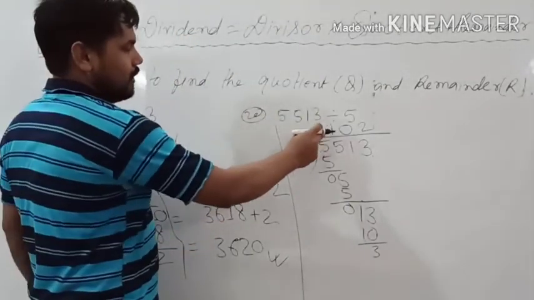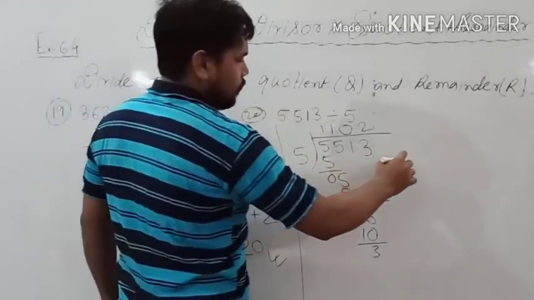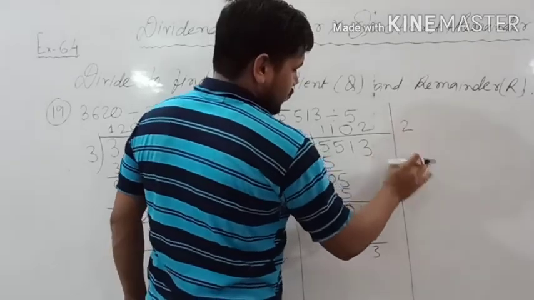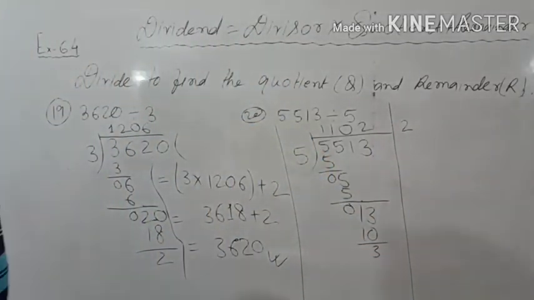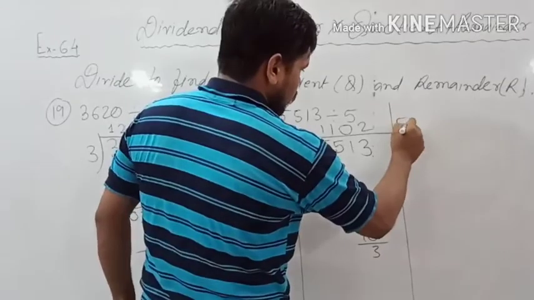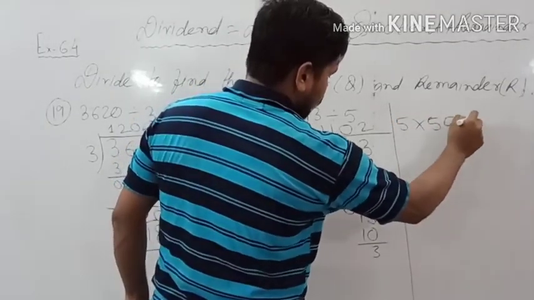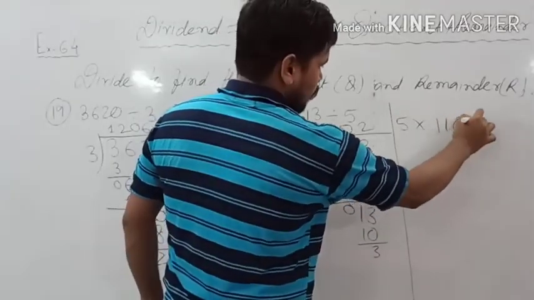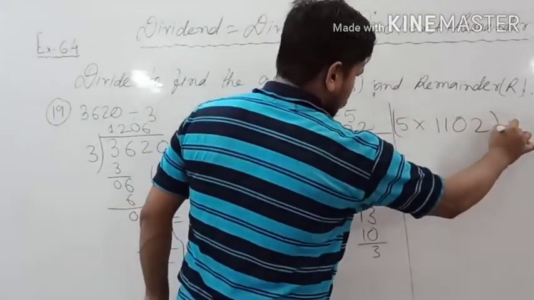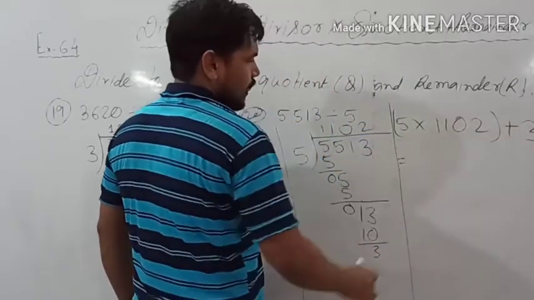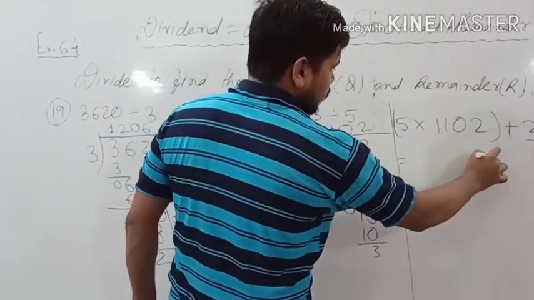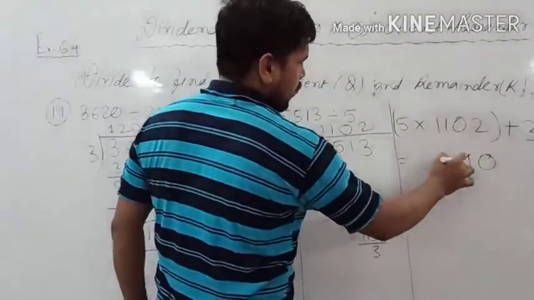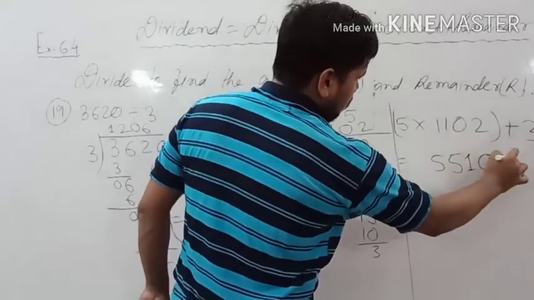The dividend you can find out after multiplying this and adding the remainder. So let us see: 5 multiplied by 1 1 0 2, and you have to add 3. 5 twos are 10, 0, 1 carry; 5 zeros are 0, 1; 5 ones are 5; 5 ones are 5; plus 3.